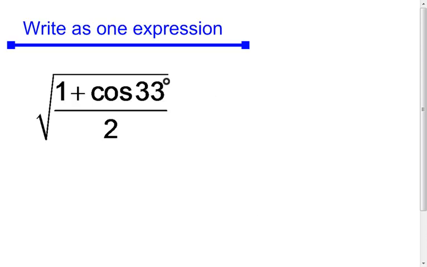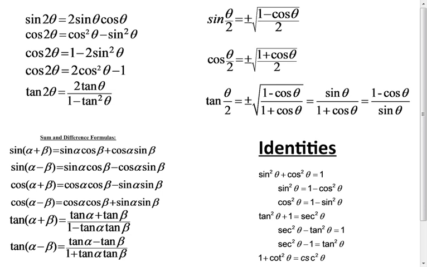Again, this is either a double angle, half angle, or sum and difference formula, but you're going to look for the formula that is 1 plus cosine at 33 degrees over 2. So you'll go over here. 1 plus cosine over 2 is right here. This is the formula I'm looking for. I gave you the right side, you're going to give me the left side. What's plugged in for theta is 33 degrees.